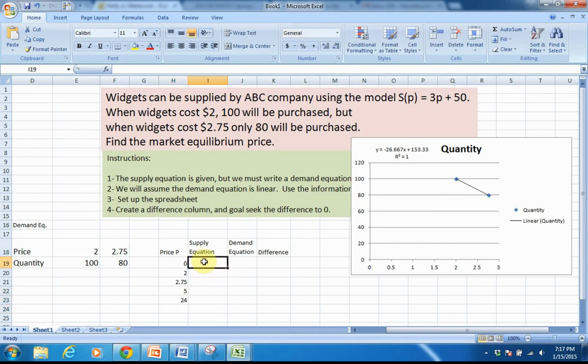Our supply equation, we're just going to type directly in. That's equal to 3 times P, access that cell, plus 50. Enter, double-click down.